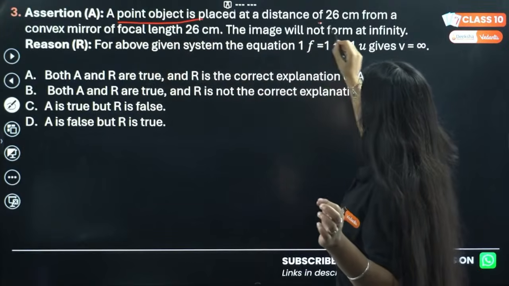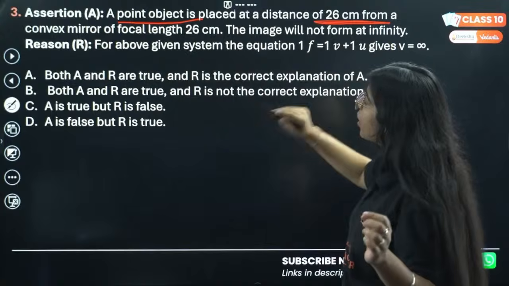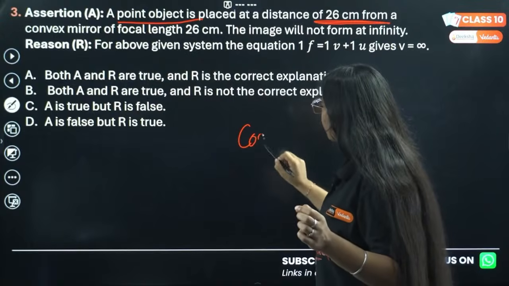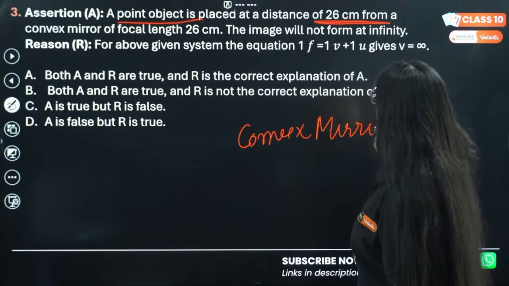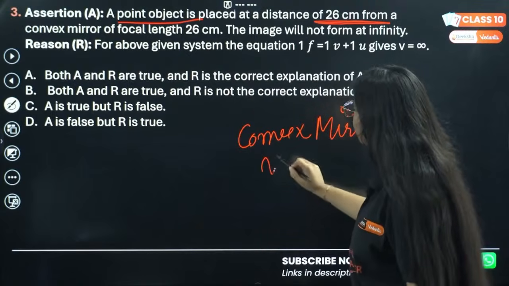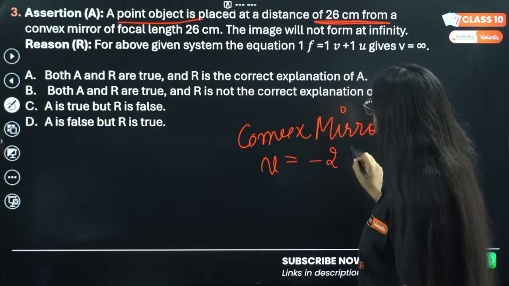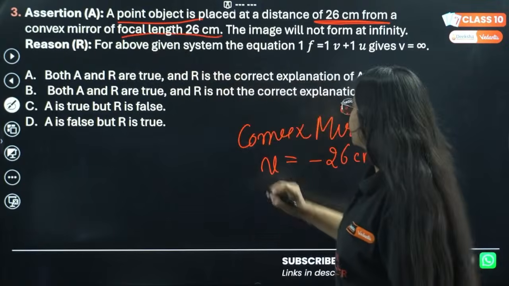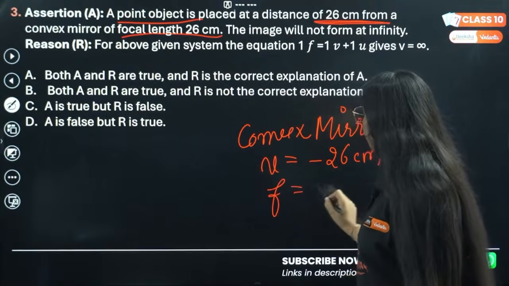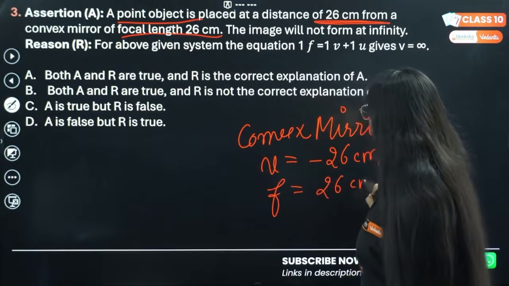Next question is, assertion says a point object is placed at a distance of 26 centimeter from a convex mirror. So what mirror is it? It is a convex mirror. If a point object is placed, that means u equals minus 26 centimeter, and focal length 26 centimeter, so f is also 26 centimeter.